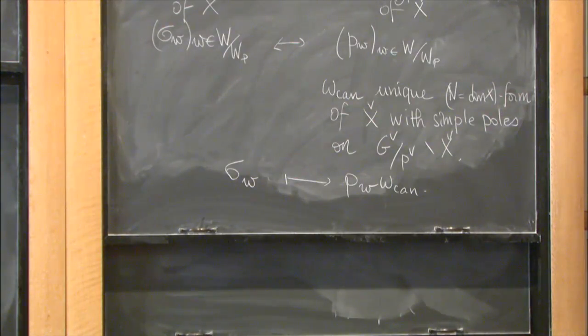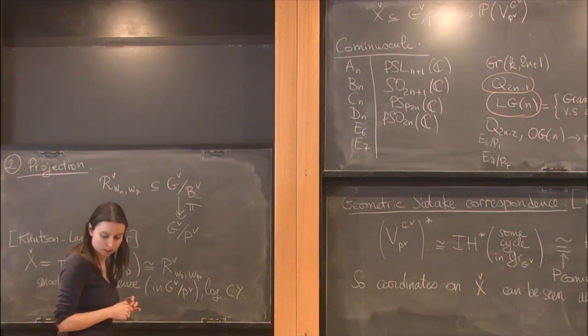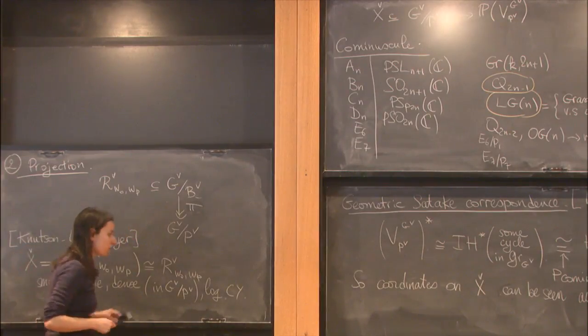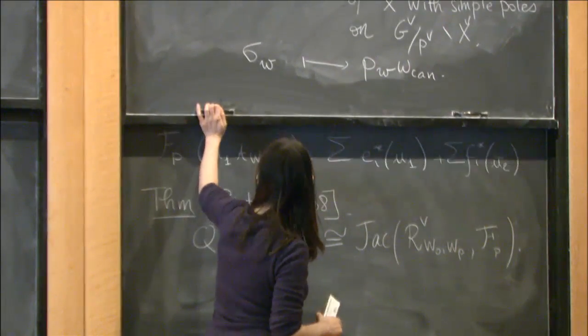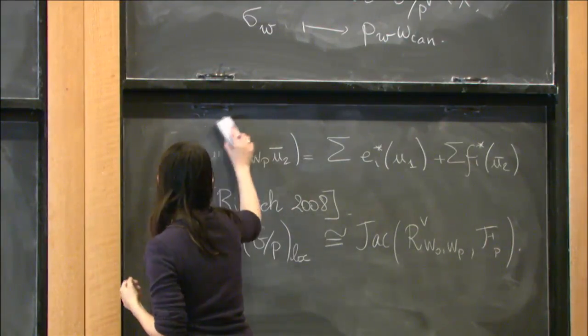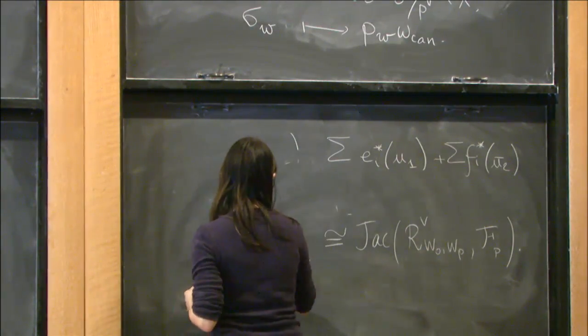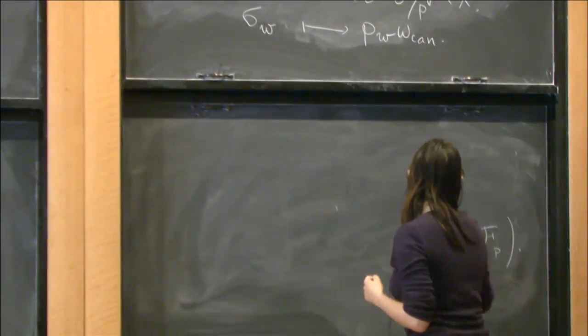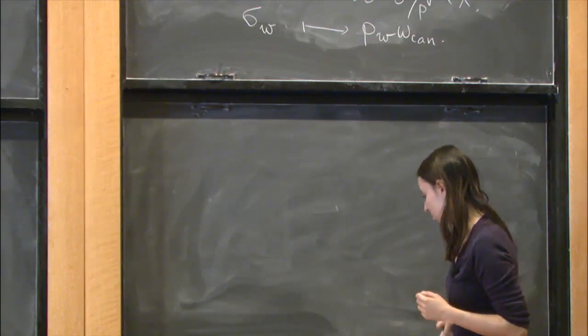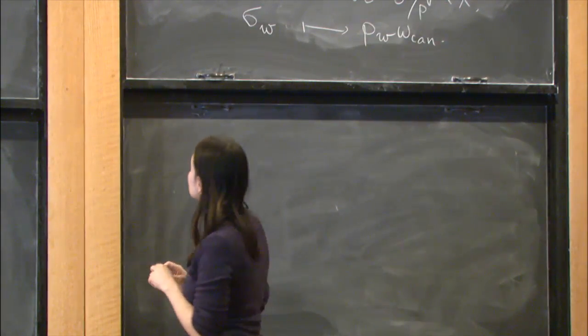Right. So that's the framework we're working in, and in some cases we are able to do this. Lauren mentioned the case of the Grassmannian, where part of the result was proved by Marsh and Rietsch.